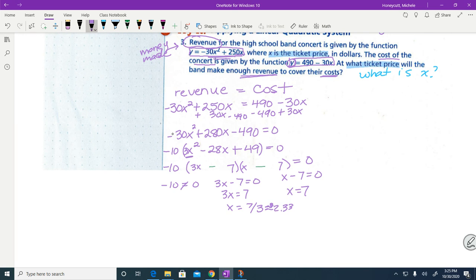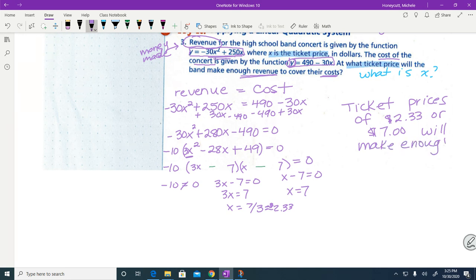So ticket prices, x, of either $2.33 or $7 will make enough to cover the cost. And if you're thinking, that sounds weird, they could charge $2.33 and make enough to cover the cost, or they could charge $7 to cover the cost.